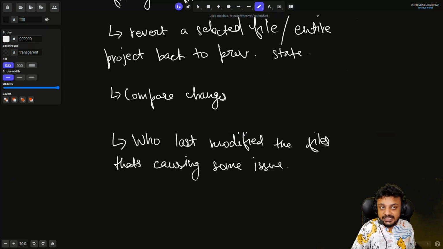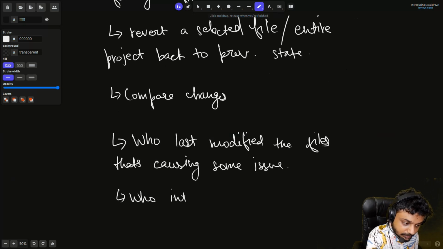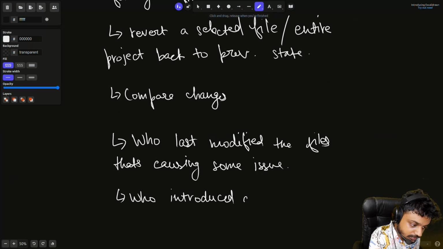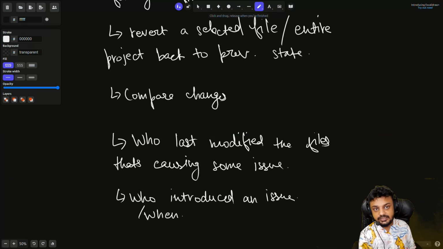Now your project might have different issues, right? So it also tells you who introduced an issue, and not just who, but when they introduced an issue, right? So it tells you about all of these things, and not just these things, it allows you to do a lot of other things as well.